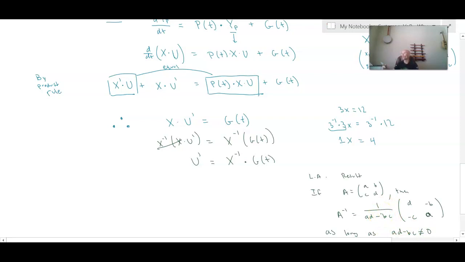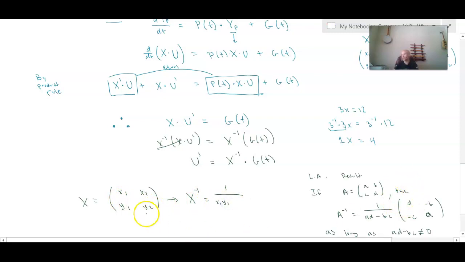Okay, so we're going to extend that result here. We're going to say, well, what would be the inverse of x under that condition? Well, x, remember, contains those 4 solution functions, x1, y1, x2, y2. And therefore, if we believe this and we apply this in a similar sense, we're not doing a lot of justification here, but x1 times y1, those are going to be functions instead of values.